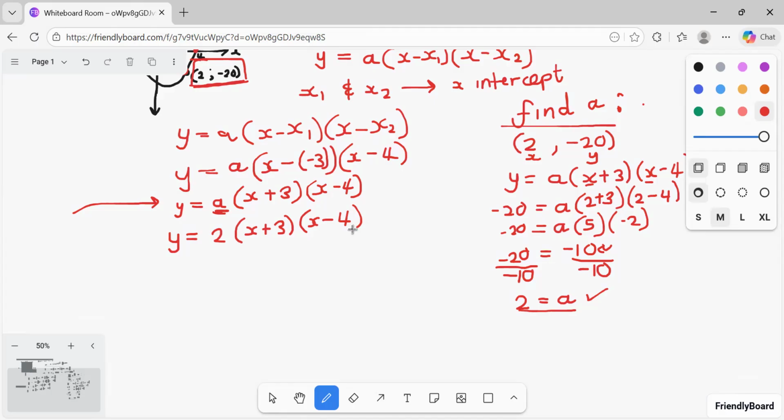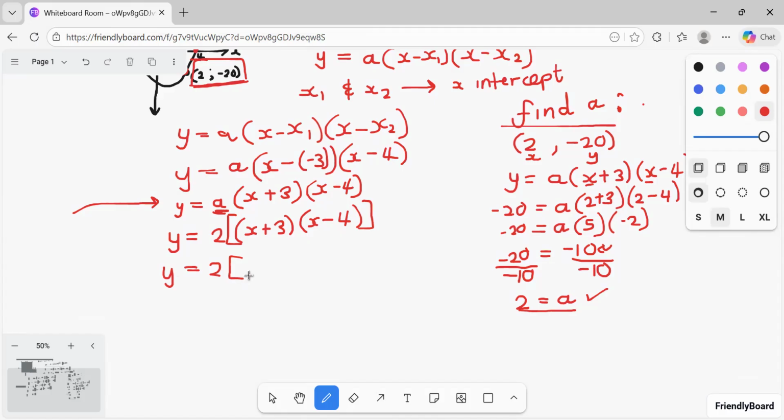Then the next thing is to multiply, of course. Let me put these outer brackets. I'm going to expand the inner brackets, x plus 3 and x minus 4.